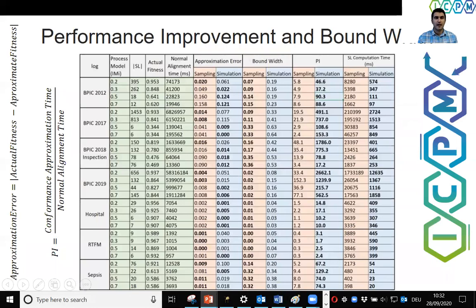Here you can see how, by using the approximation method, we are able to improve the performance of conformance checking. You can see in most of the cases the PI value, that is the performance improvement. You can see the formula on the left side. The performance improvement is higher for our approach.